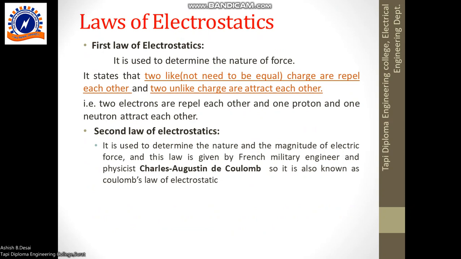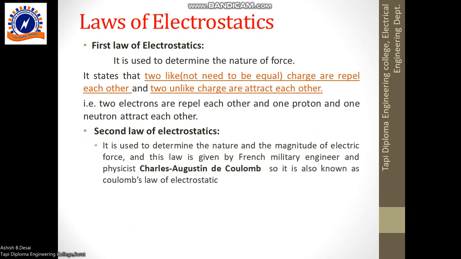Here, like and unlike does not mean equal in magnitude; it means equal in nature. Two like charges means, for example, two protons, because they both have positive charge.